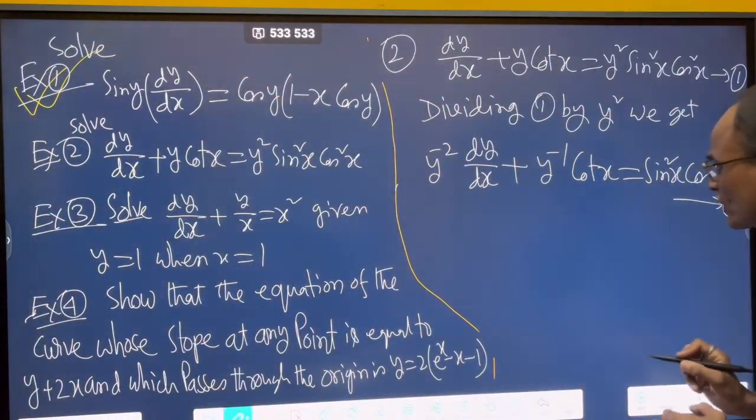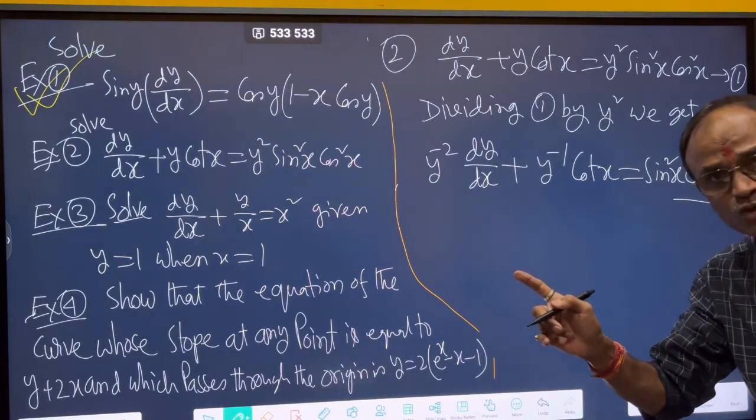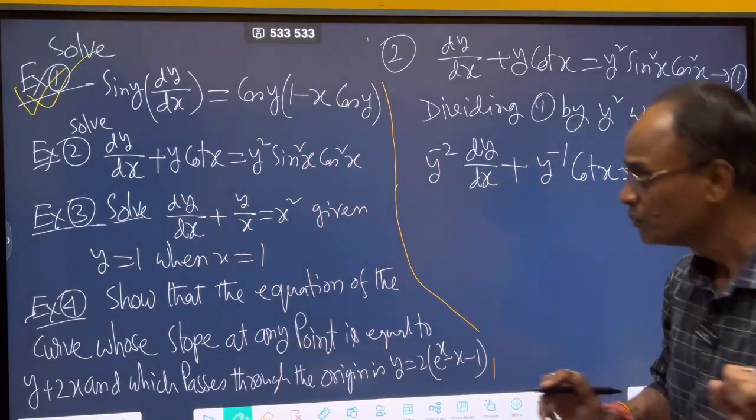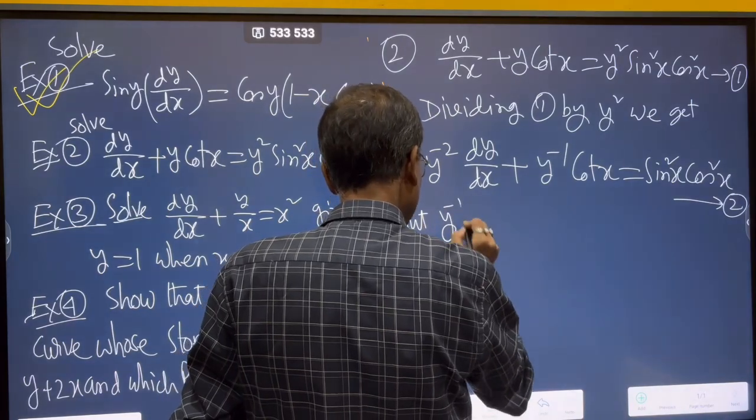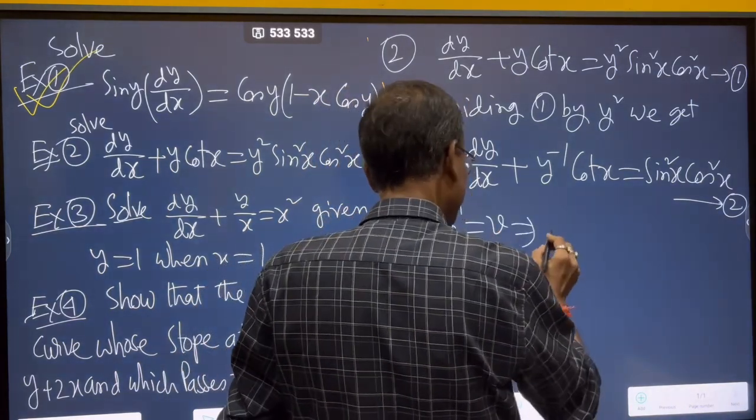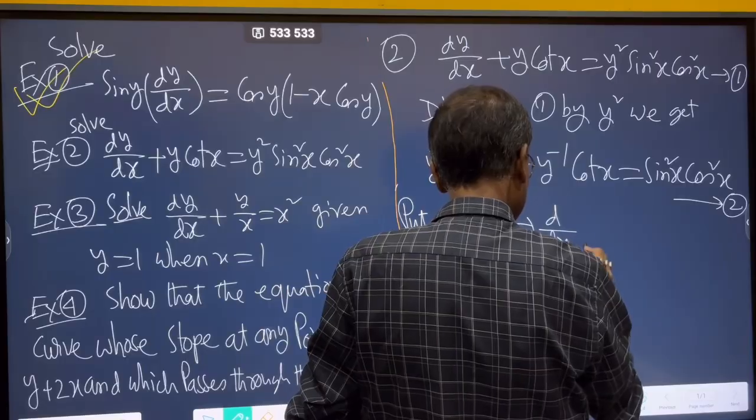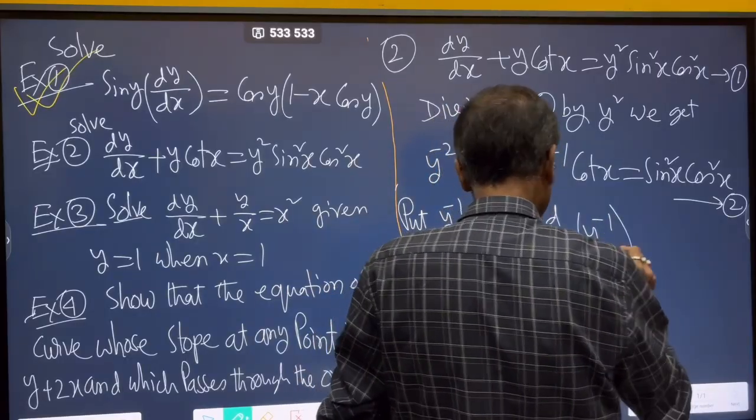What is your next step? Put y to the power minus 1 equal to v. Now differentiate this with respect to x on both sides.